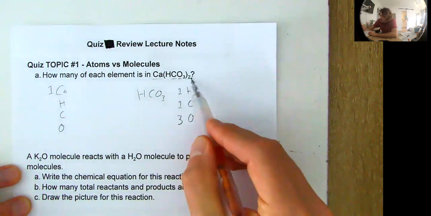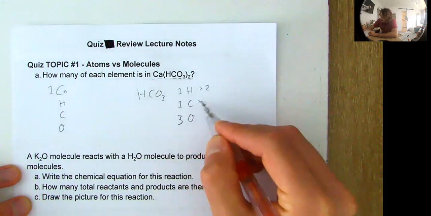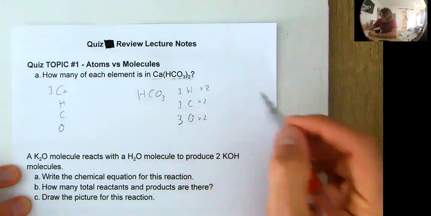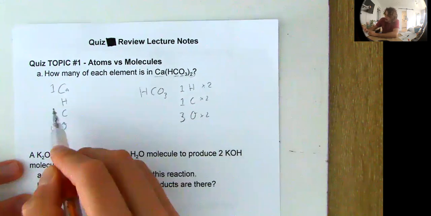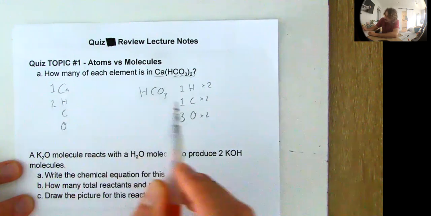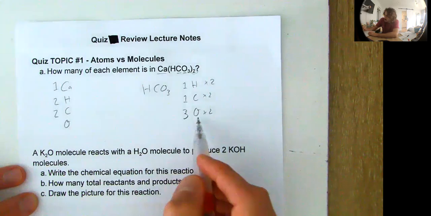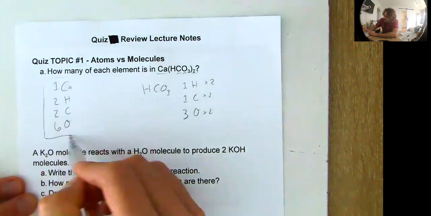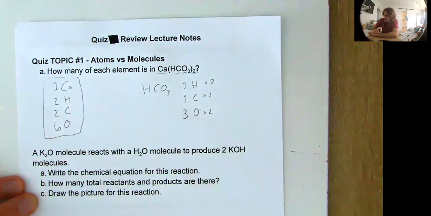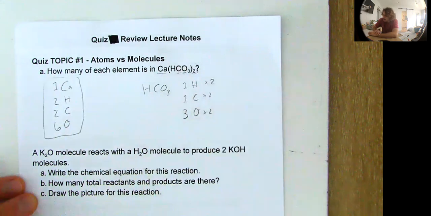But outside the parentheses we have this two, which means we need to multiply every one of these by two to know how many there are total in the molecule. So there are two hydrogens, two carbons, and six oxygens. That is how you solve problems like this. All of these atoms are inside one molecule of calcium bicarbonate.